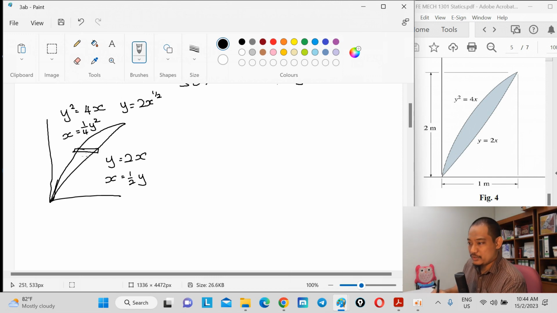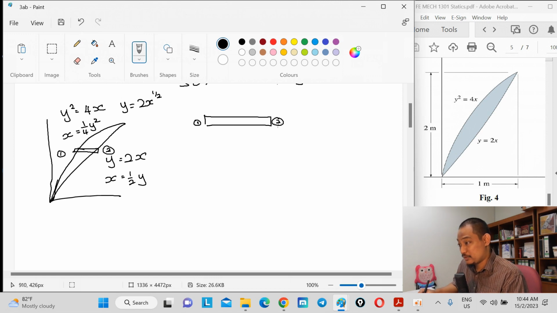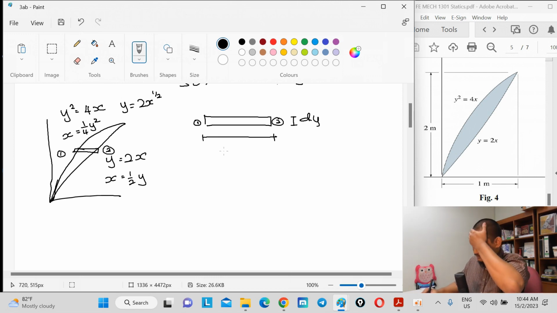Let's label this equation 1 and equation 2. So this is 2, this is 1, right? This one is dy. This one is x2 minus x1, or in other words, x2 is this one, so 1 over 2y, minus x1, which is this one, 1 over 4 y squared.